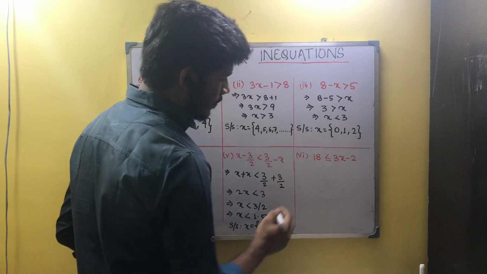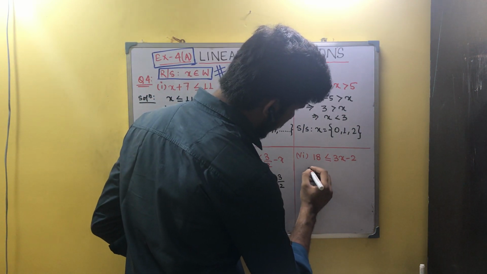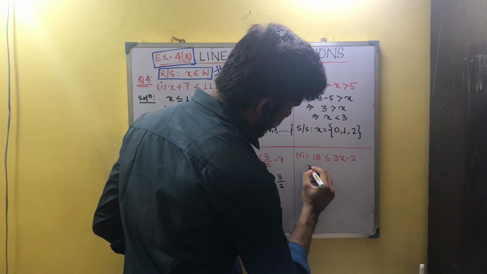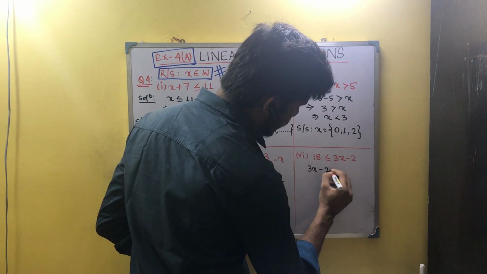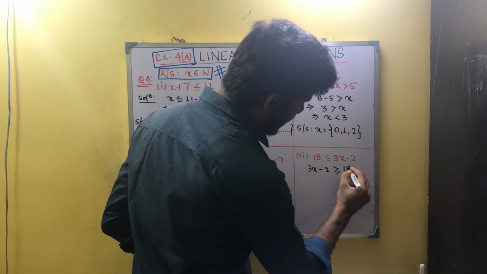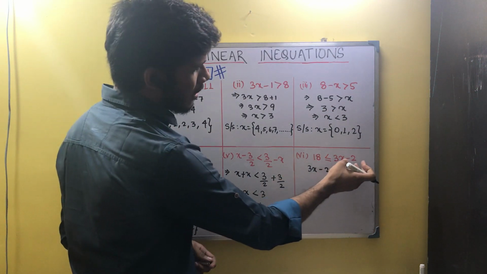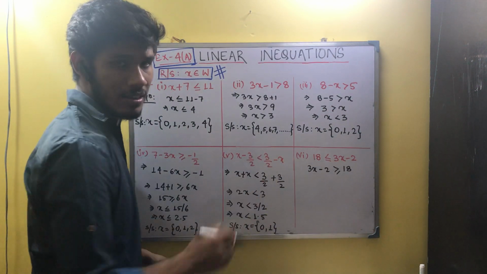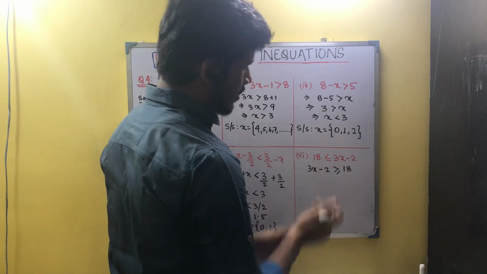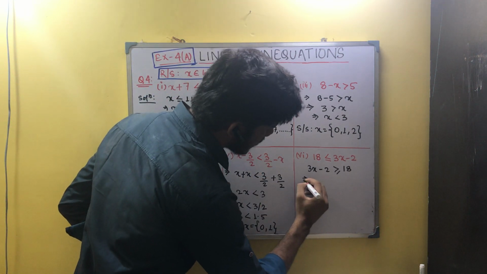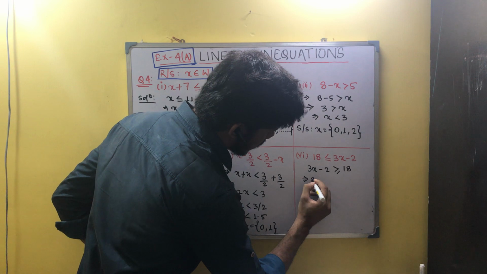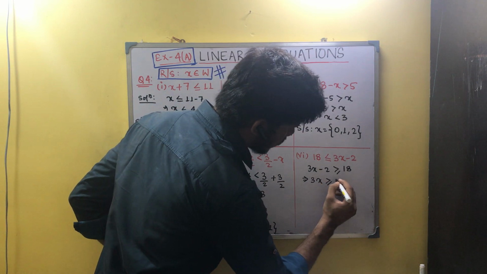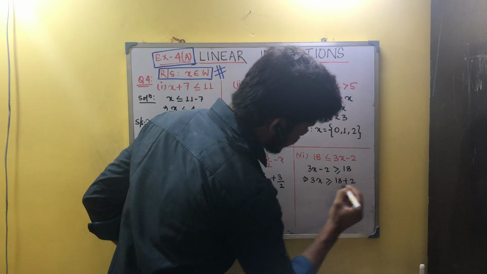Now come on to 6. Here we have, first of all, reverse the inequation: 3x minus 2 greater than equals to 18. Just reverse it, write the LHS on the RHS side. It's kind of a mirror image, isn't it? Now 3x is greater than equals to 18 plus 2.